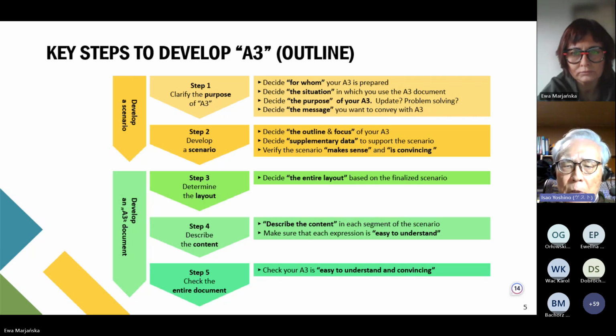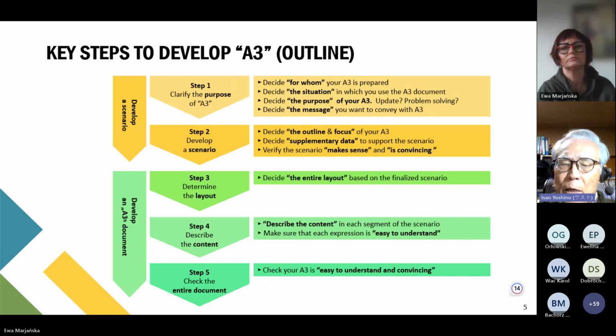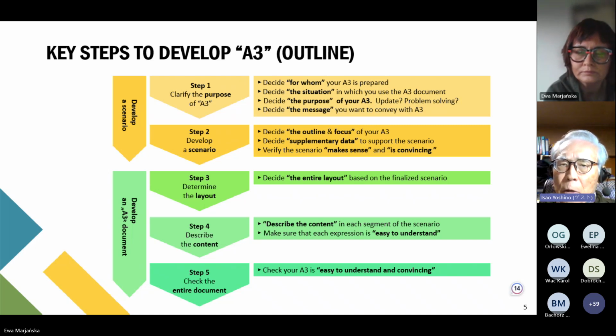The second step is scenario story. So decide, on the right-hand side, I put outline and focus. What are the most important things you need to put in this A3? So you have to create a scenario, and you have to get some data and key sentences and supplementary data, and you have to prepare.